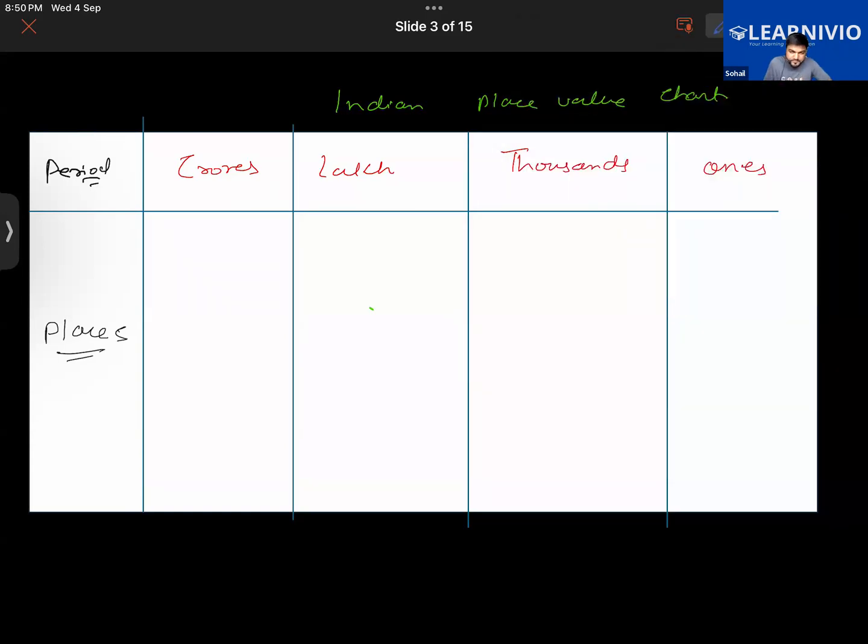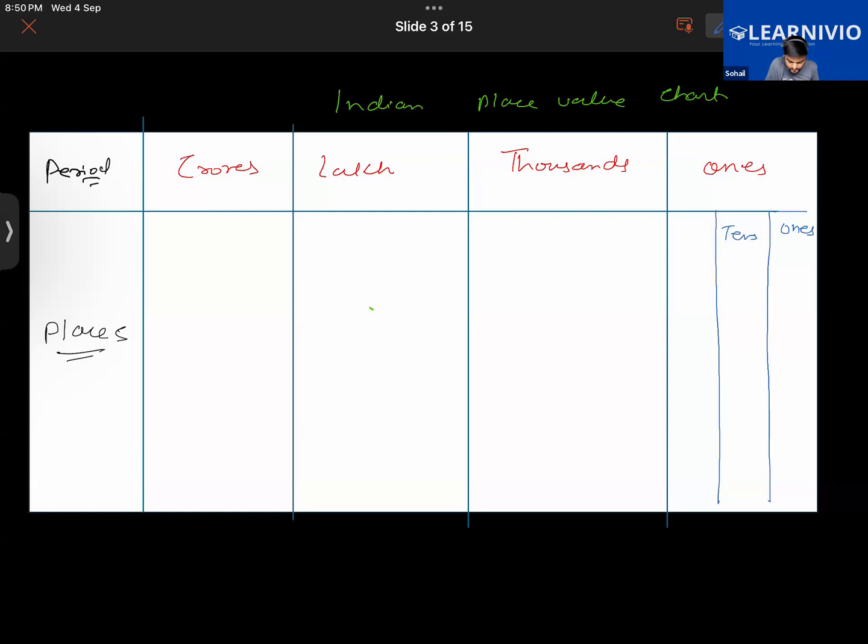Now this ones period is further divided into 3 small groups. The first one is ones, then tens, then hundreds.